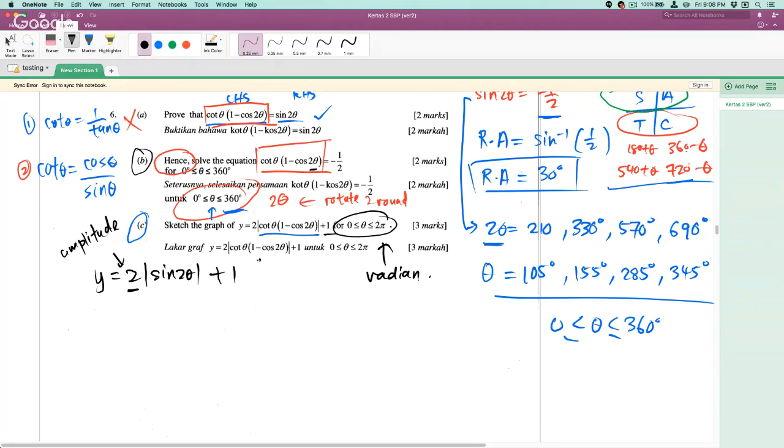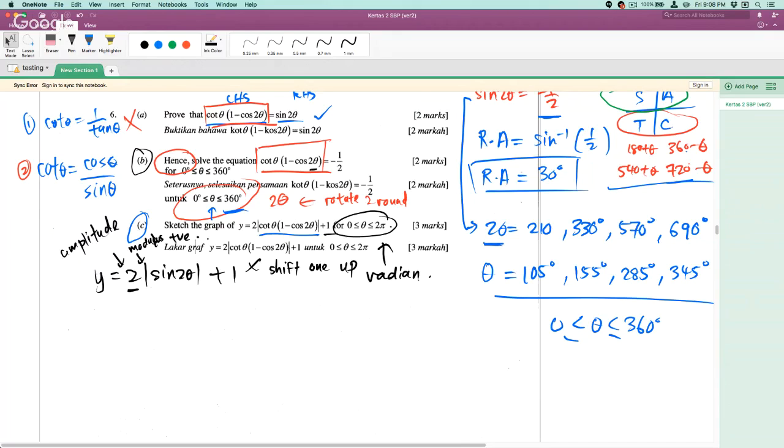The 1 means your graph later has to shift 1 unit up. And modulus means your graph must always be positive. All right, this is modulus.